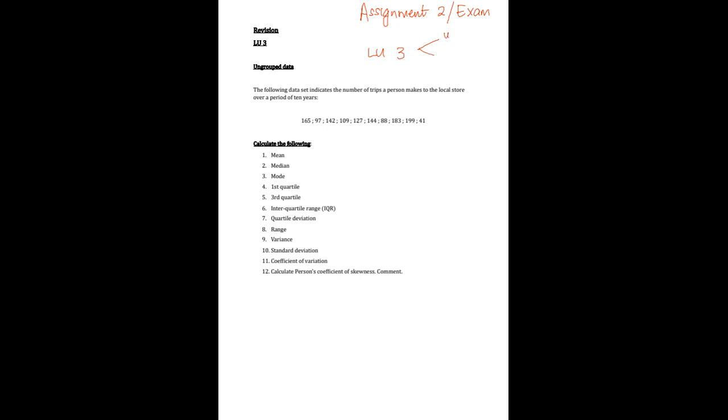So you are either going to choose the section that is based on ungrouped data, or you're going to answer the question based on grouped data. So not both of them, just one of them. It will be the same in assignment 2 and the exam. In both, you will have a choice. So when studying for your exam, you are essentially not learning one of these sections.